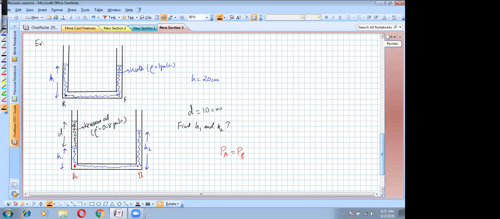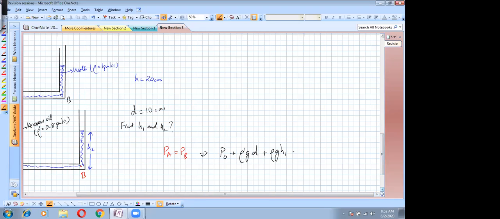But here what is happening? Pressure at the point A is equal to atmospheric pressure plus this layer of kerosene, because here the pressure is atmospheric pressure, then kerosene, so because of that height, how much pressure will there be? It will be density of kerosene into g into that height, which is D. Plus now here to here there is water, so rho g H1, that is the pressure at the point A. Now that should become equal to pressure at the point B. So pressure at the point B will be just how much?